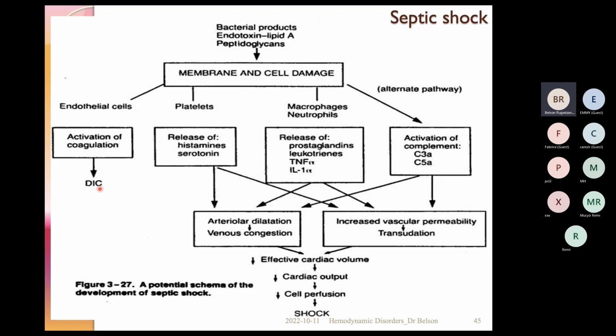Take home message kuri aba bantu nuko bagize blood clots nyinshi hirya no hino, ku buryo the factors for blood clot have been exhausted. Nta na kamwe asigaranye muri reserve. As a consequence, this person can bleed very easily, without even a tremendous, large, severe trauma. He can bleed very easily.